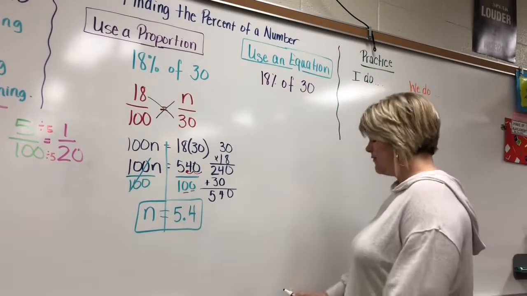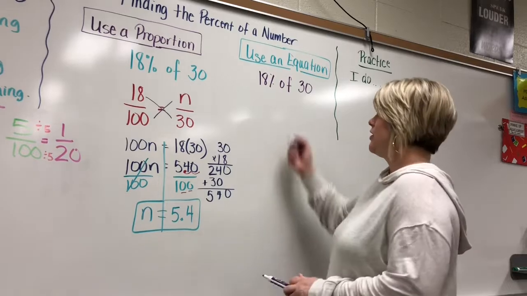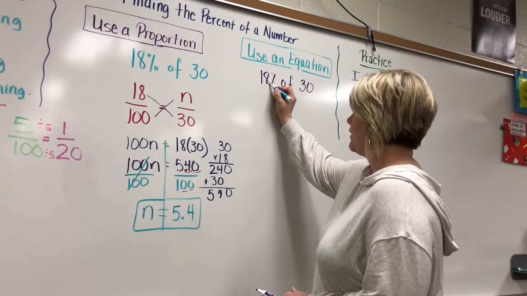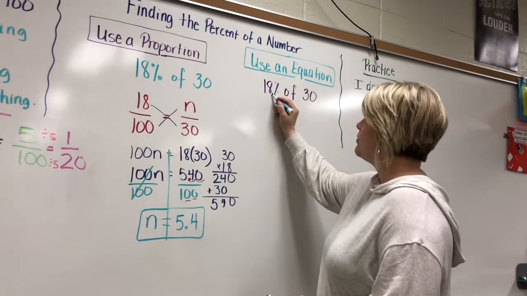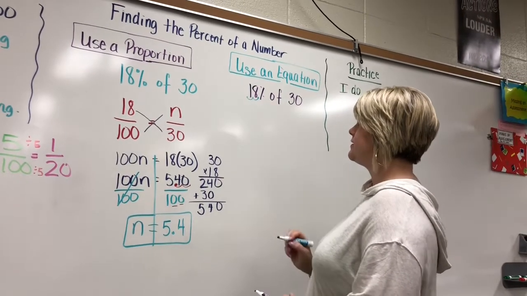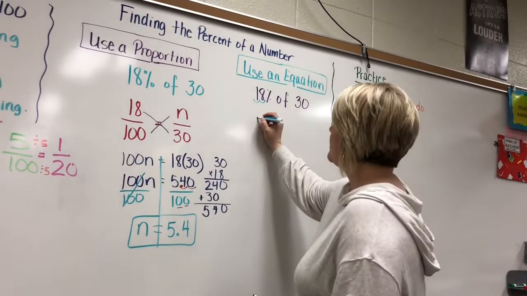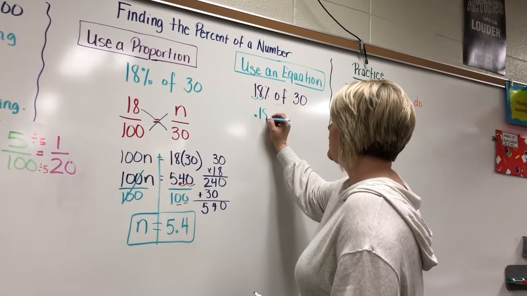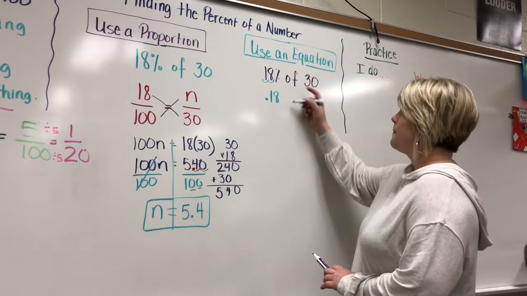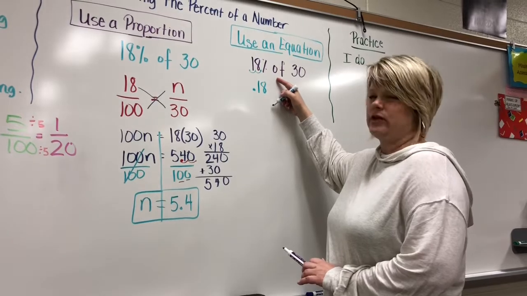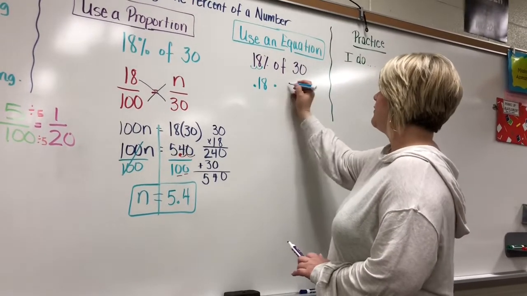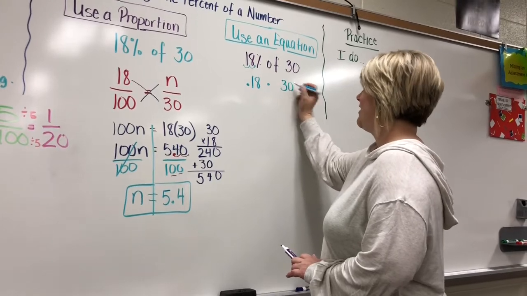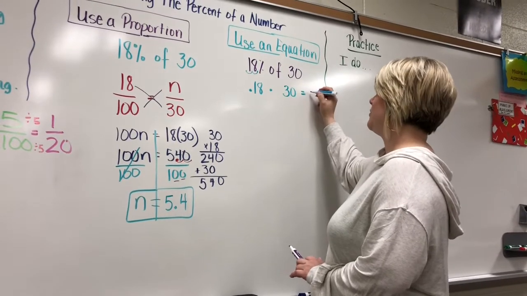And the difference here is I'm going to move my decimal early because right now my decimal is back here. So I'm going to move it 1, 2 places to the left, and now I have 0.18. The word of always means multiply. So I'm going to multiply, and then of course bring down my 30, and I know that that's going to equal a number.